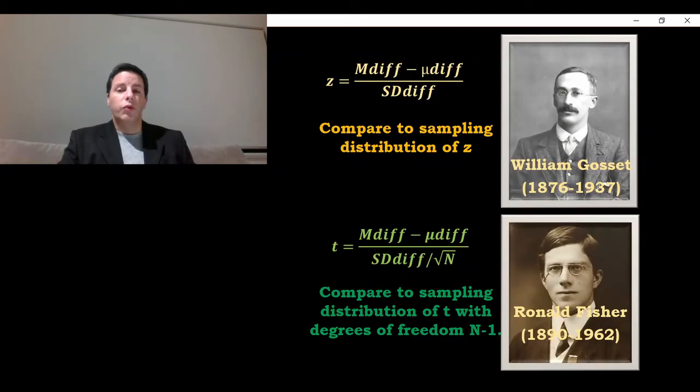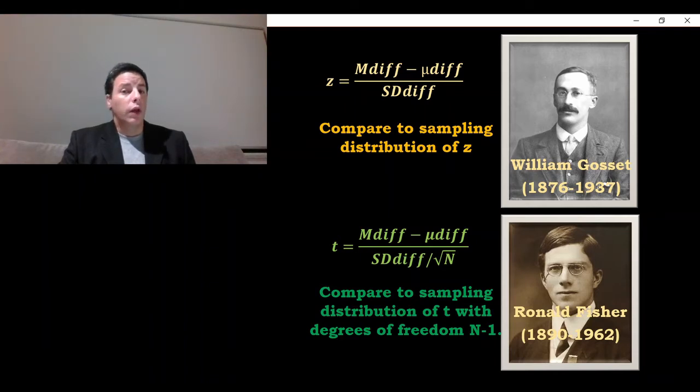So the difference between these two: the original Z-test proposed by Gosset in his paper in 1908 is a Z-score that calculates, first, in the numerator, the mean of different scores minus a population mean of different scores, and that divided by the standard deviation of different scores.